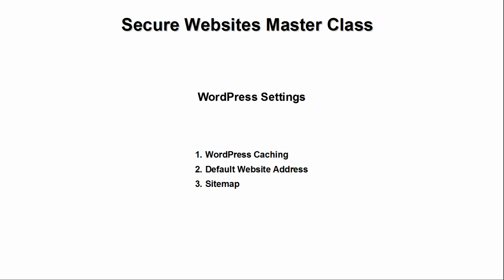You could potentially just completely disable the entire caching plugin for now, and then when you finish all of the work for securing your site, you can go back in and re-enable it. If you can find the individual setting to temporarily disable the caching, that's quite okay to do as well.